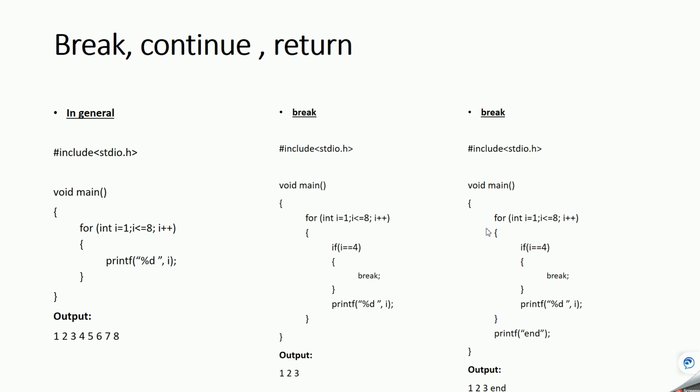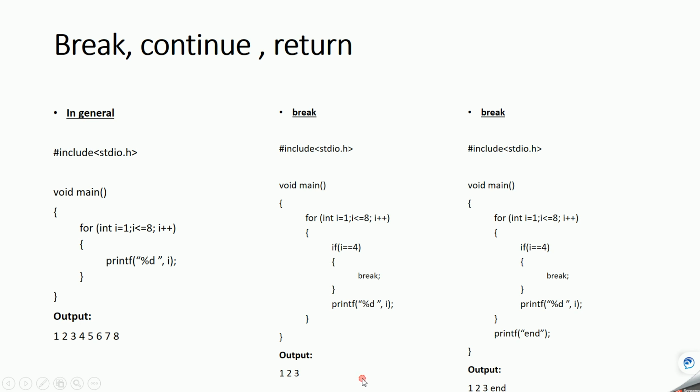Once the control comes out, it will come to this line, the print of end, and will print the output 1 2 3 and end. So this is how break works. Break is basically used to stop the execution in between, based on some situation.